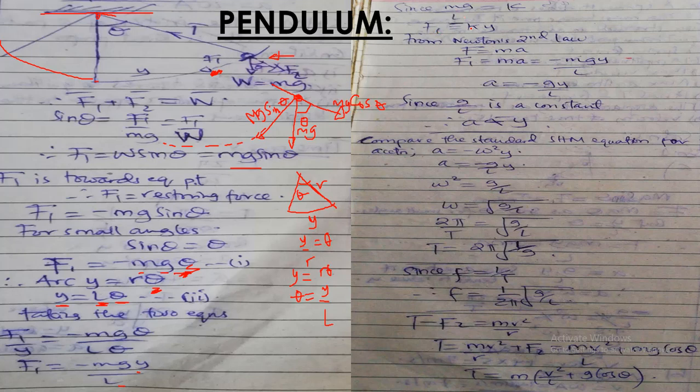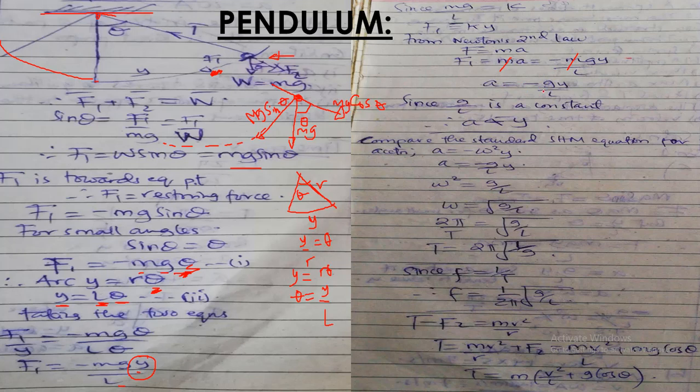Therefore, F1 is equal to k times y, where k is the constant. The only thing changing here is y. From Newton's second law of motion, force is equal to mass times acceleration. So mass times acceleration is equal to negative mgy over L. As we said earlier, the mass on both sides will cancel.